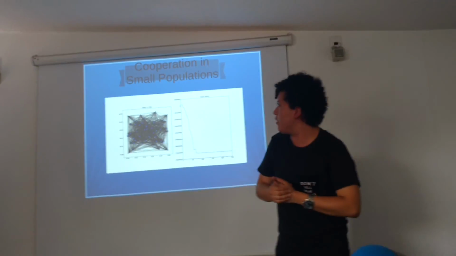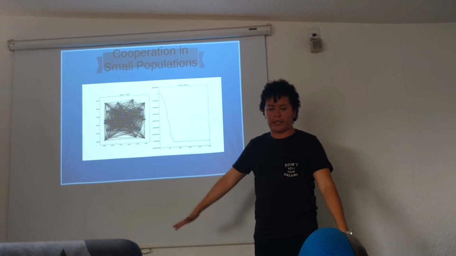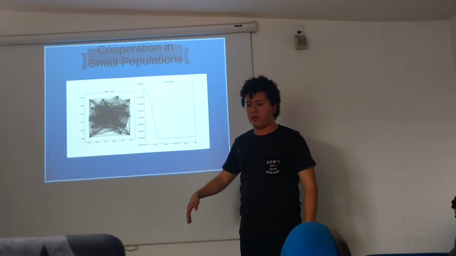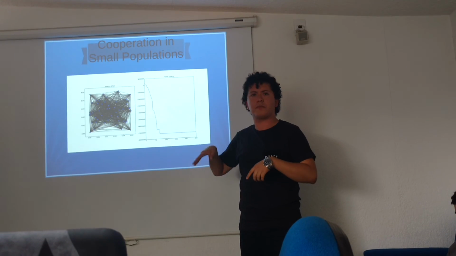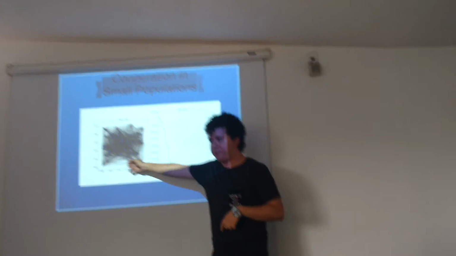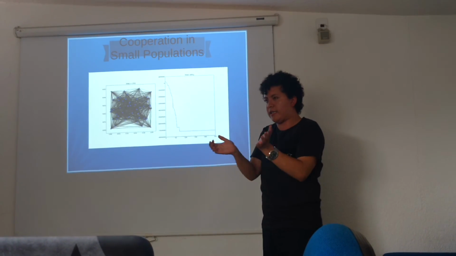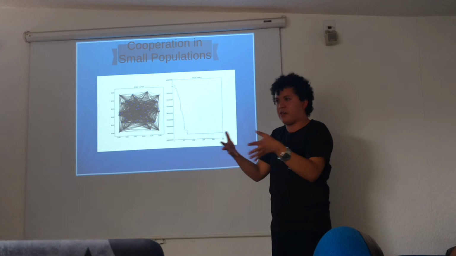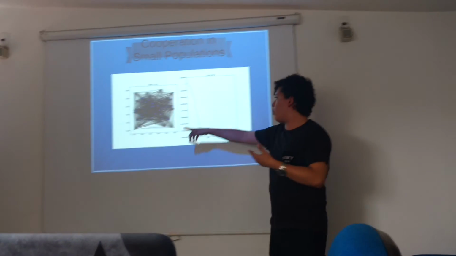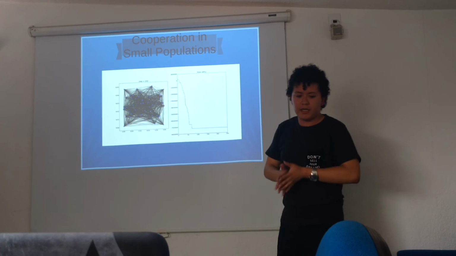The cooperation in the small populations is all around 100%. That is, all the nodes converge to the same stable pattern, all the nodes cooperate in the same attractor, to the same state.